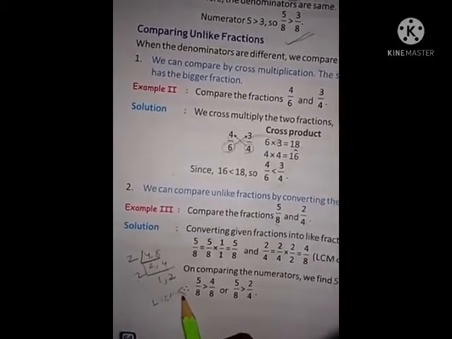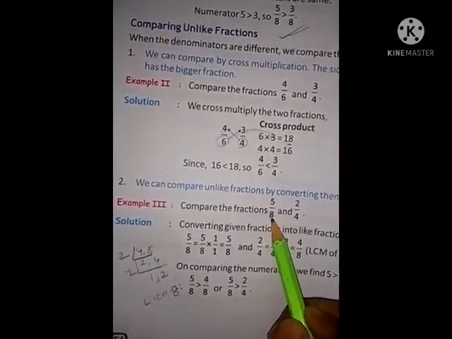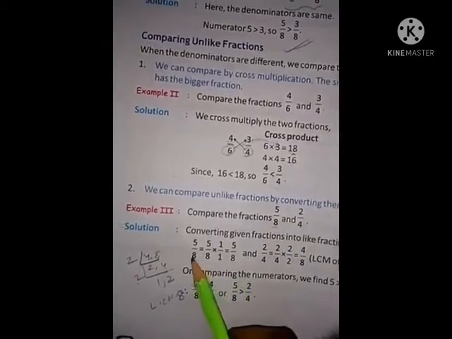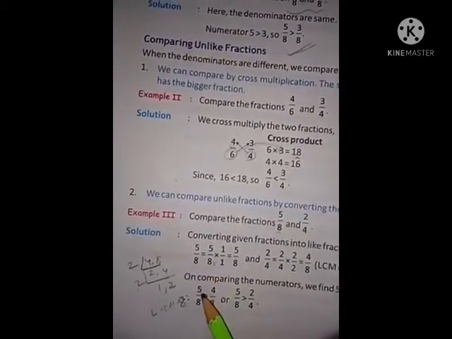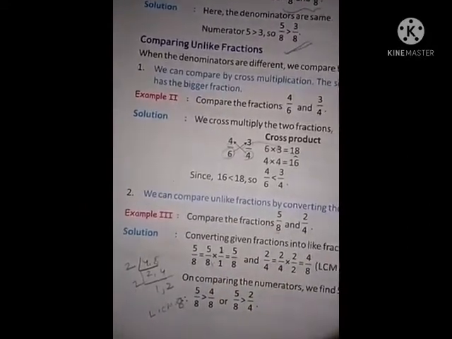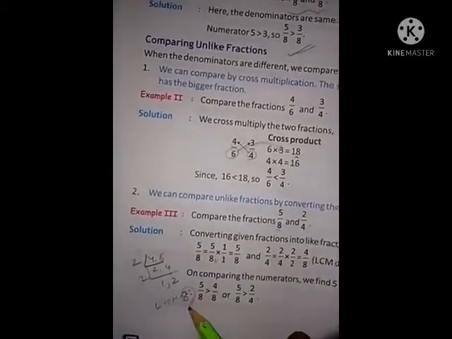LCM 8, right? So here 8 is already present. So we are multiplying 8 with 1 to make the denominator 8 because the LCM is 8.